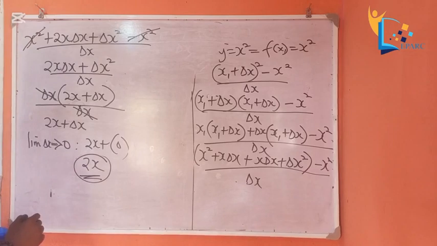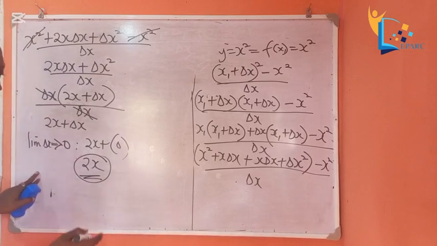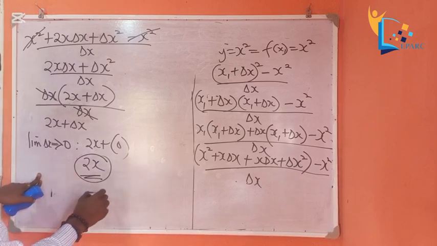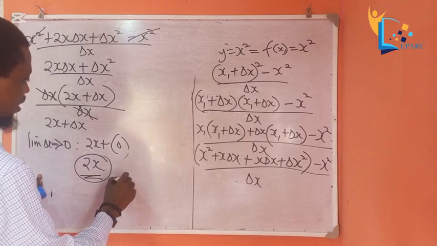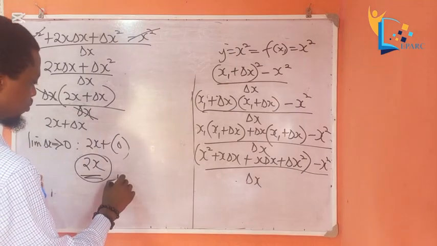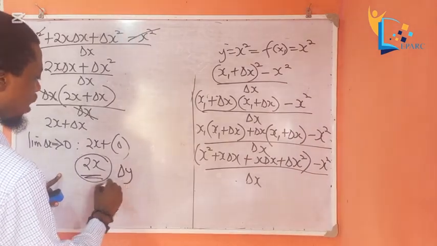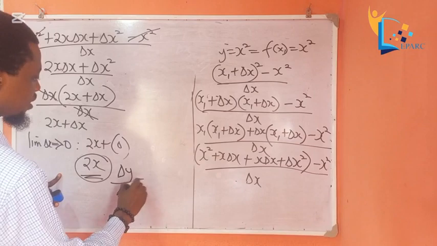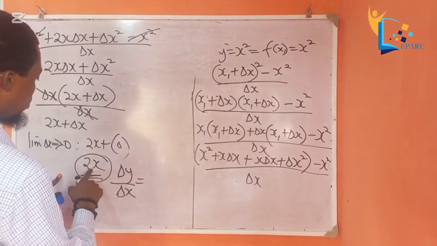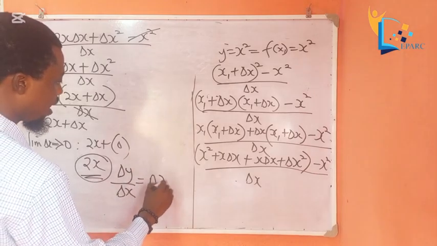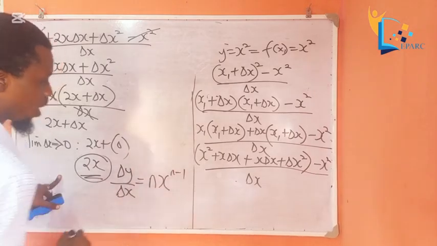So the derivative of x squared is equal to 2x. Now, this leads us to differentiation by rule, which can also be written as change in y over change in x is equal to n x raised to power n minus 1.